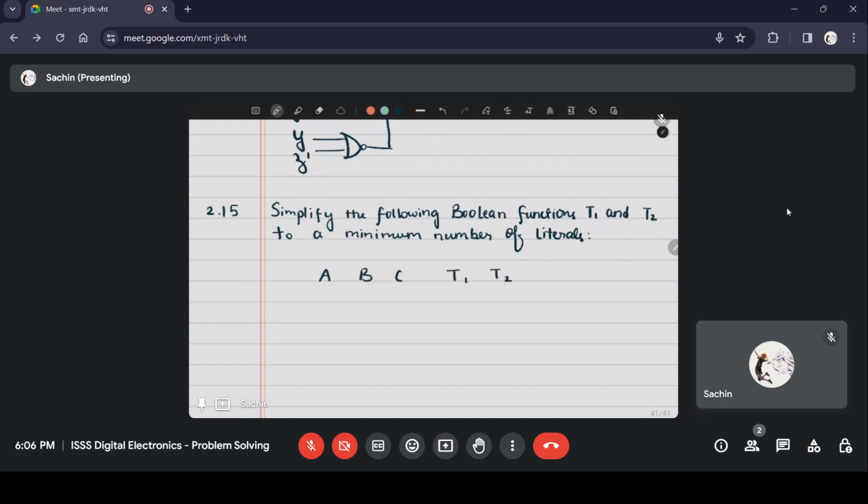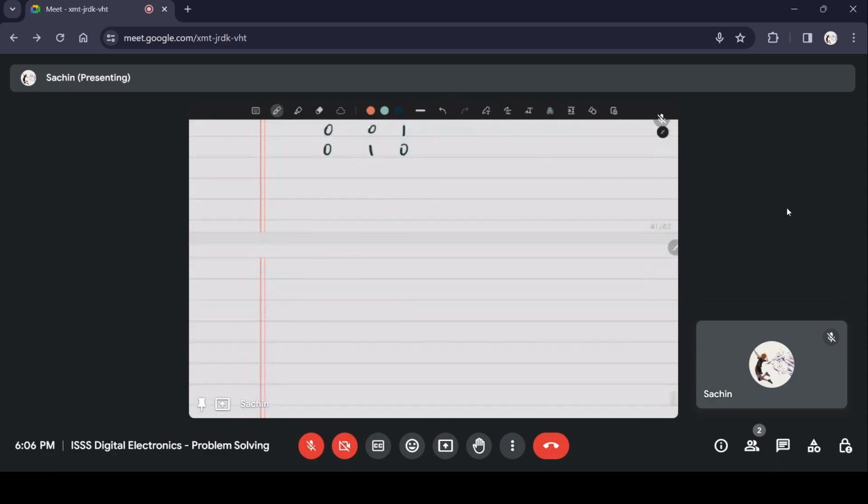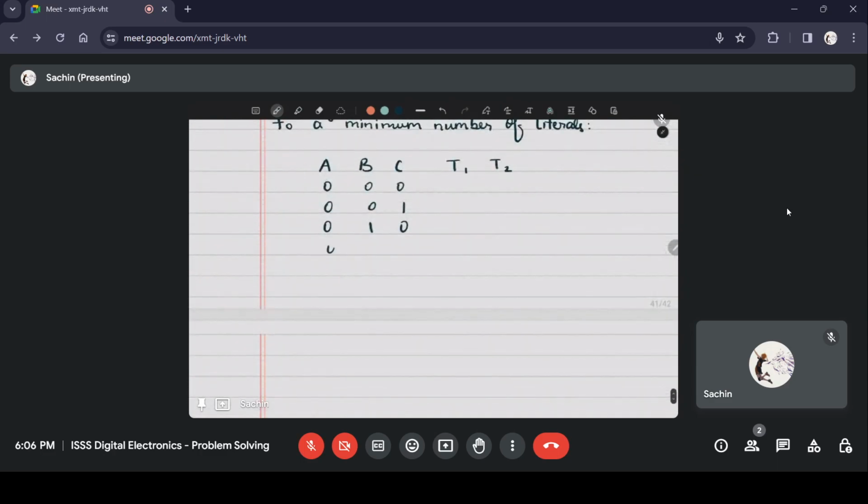There are three inputs which can take on 2 power 3 different input combinations. That is 8 different combinations, and the function T1 has a 1 1 1 0 0 0 0.